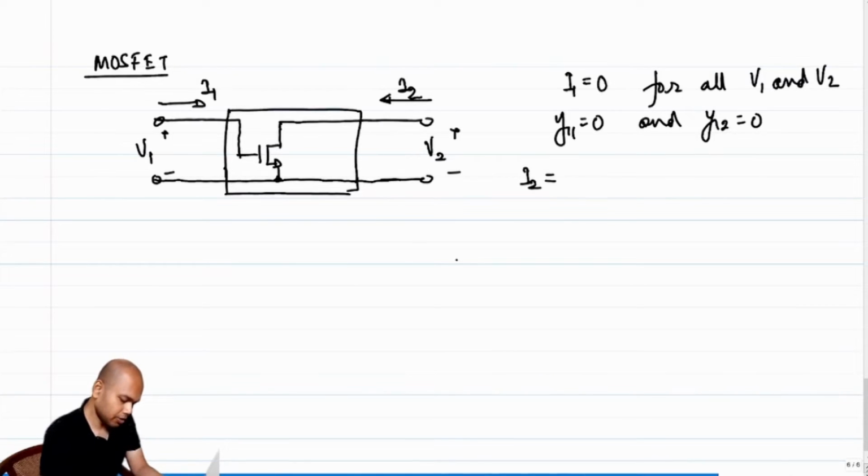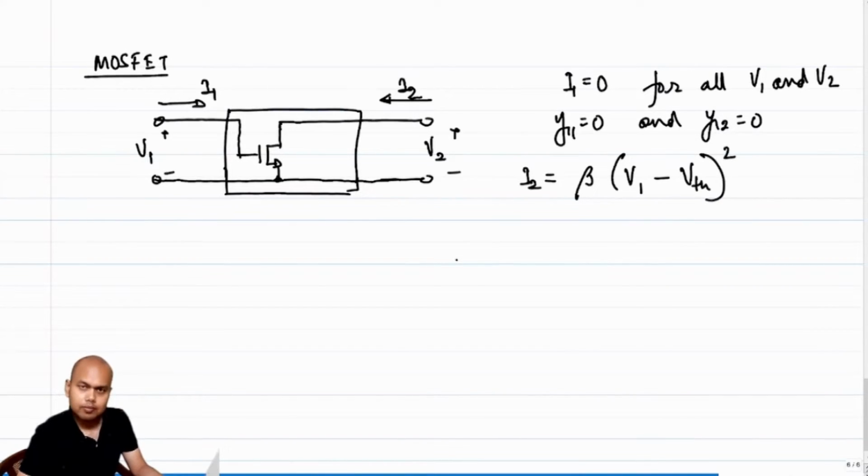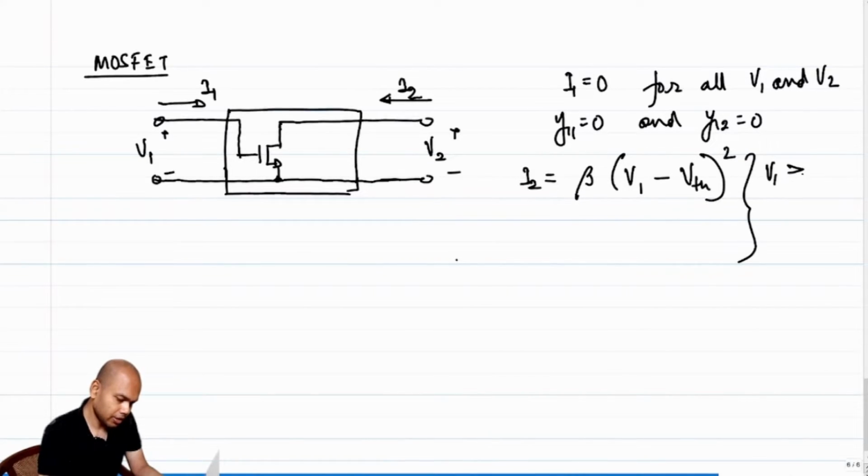It is equal to some constant beta times (V1 minus some constant VTH) whole squared. This holds as long as V1 is greater than or equal to VTH and V2 is greater than or equal to V1 minus VTH.